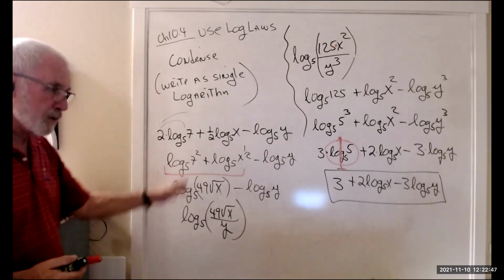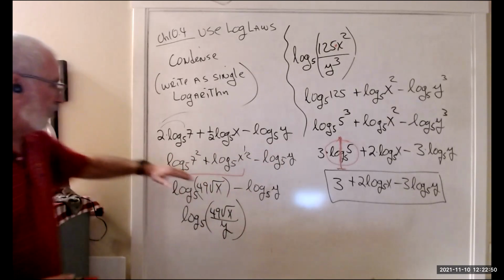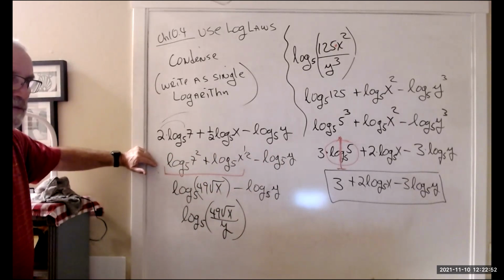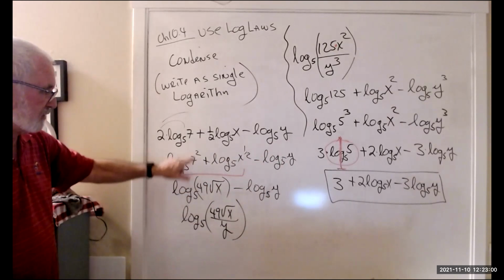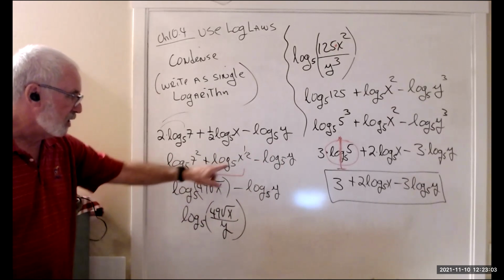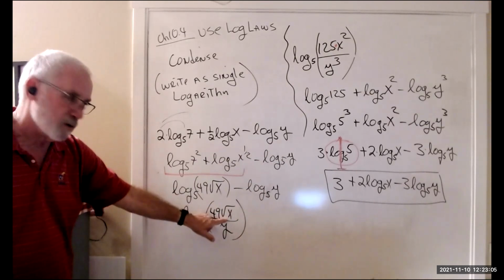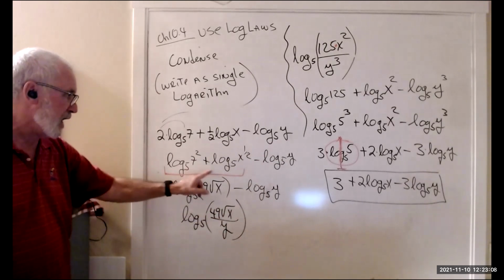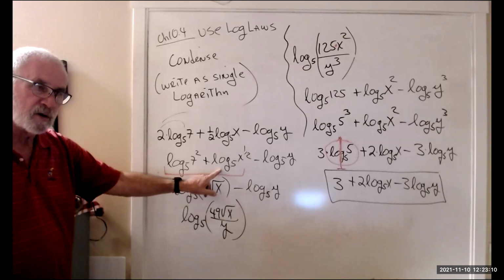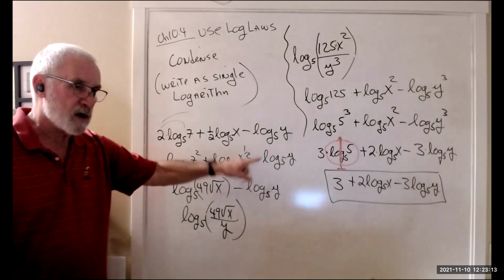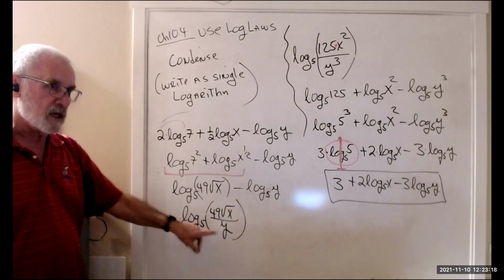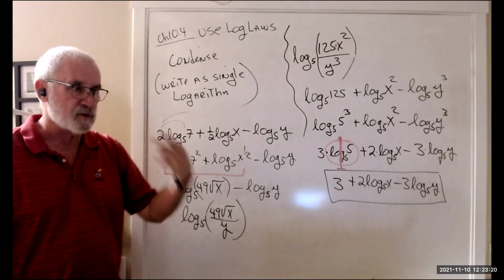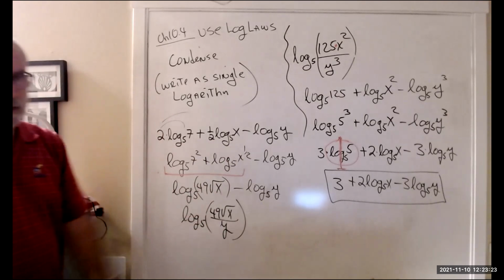Most people don't do it by 2 or 3 different steps. 7 squared is 49 in the numerator. X to the 1/2 is the same as the square root of x in the numerator. Those were adding, so they stay in the numerator. But because this was subtracting, that means division, so it will show up in the denominator. Again, whether you do it in 1 step or 2 steps or 3 steps, that's the correct answer.